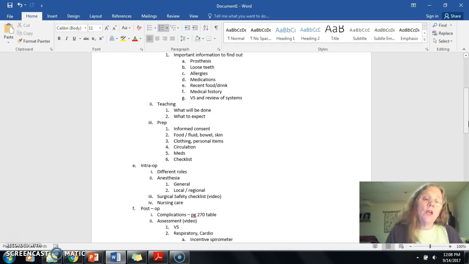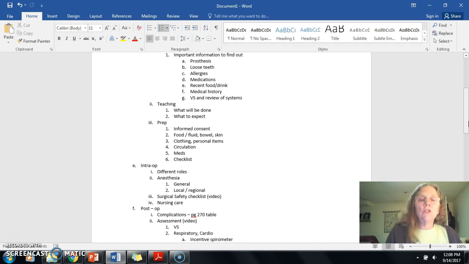If there's any particular bowel or skin preps, those would be the responsibility of the nurse. Also taking care of any personal items, making sure the patient is properly attired for surgery, considering circulatory factors, and looking at current meds, what they have taken recently.